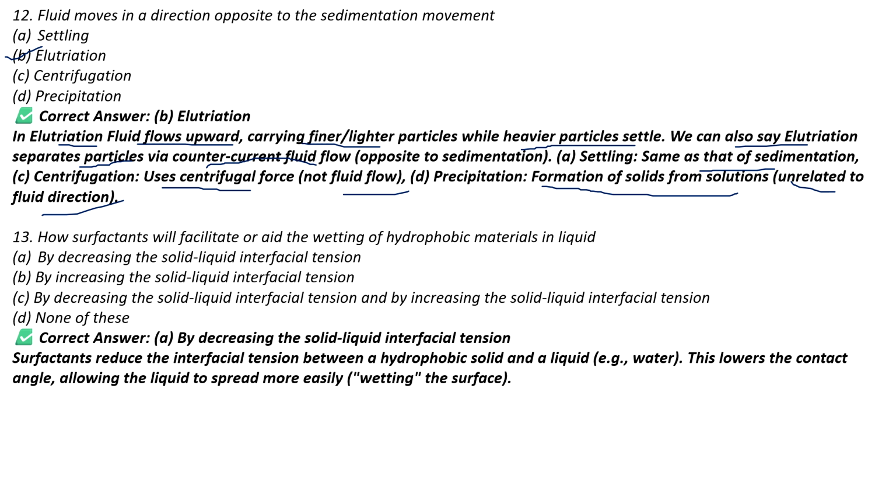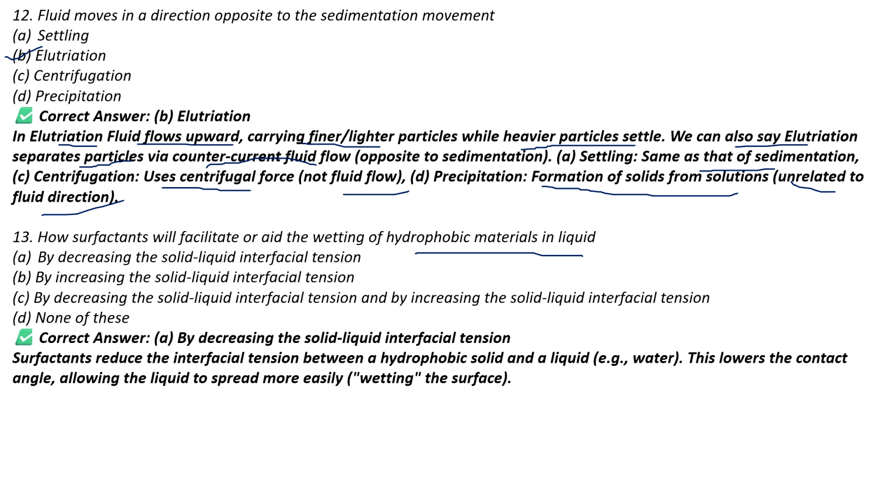Moving on to the next question. How will a surfactant facilitate or aid the wetting of hydrophobic materials in liquid? Options are by decreasing the solid liquid interfacial tension, by increasing the solid liquid interfacial tension, and none of these.